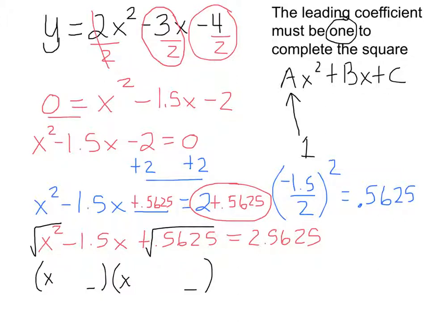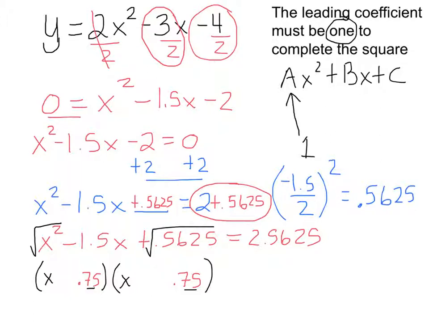And so what I got is 0.75. And the way I got that was I took the square root of this right here. So remember, the square root of x squared will always go here and here, and the square root of c will always go here and here, and then whatever this first sign is, it'll go in both. Okay?